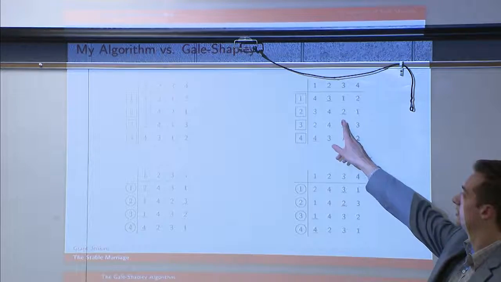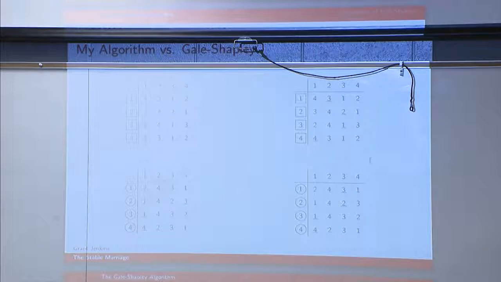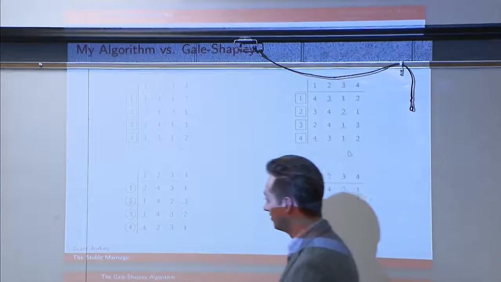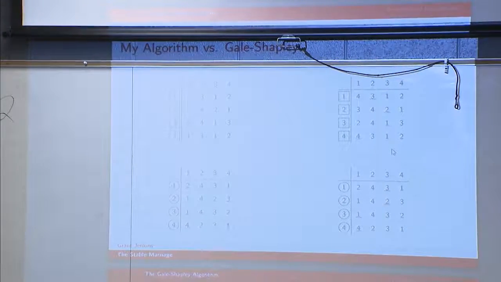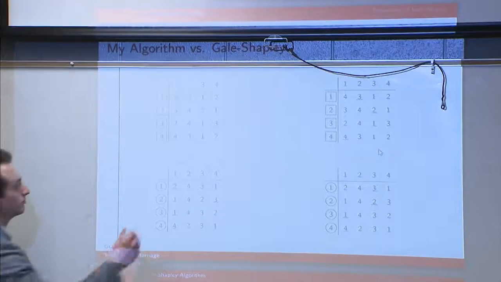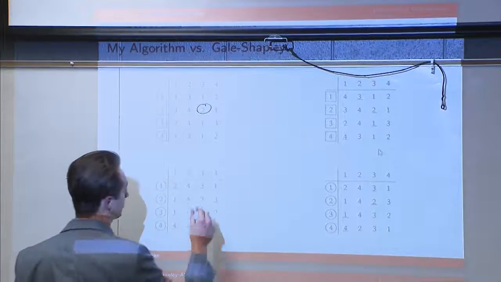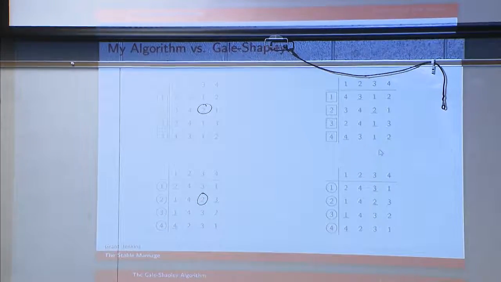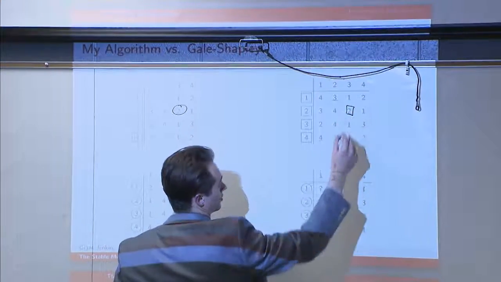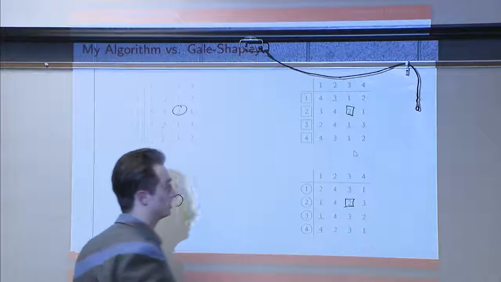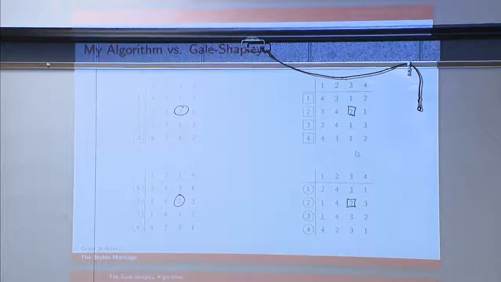Now, here is the match that was created that my algorithm did not have. This 2-2 pair here was shown, and it was actually put into the matching with the Gale-Shapley.